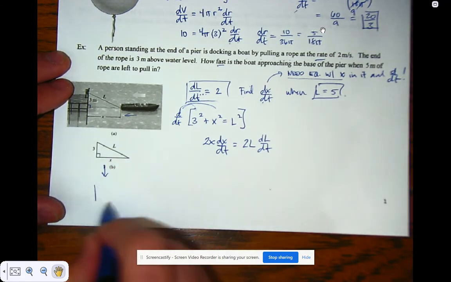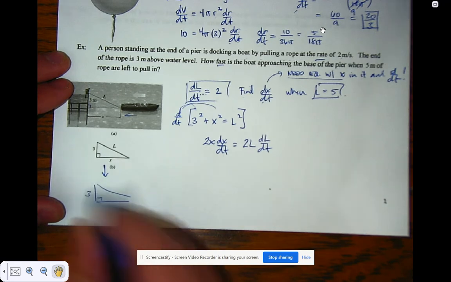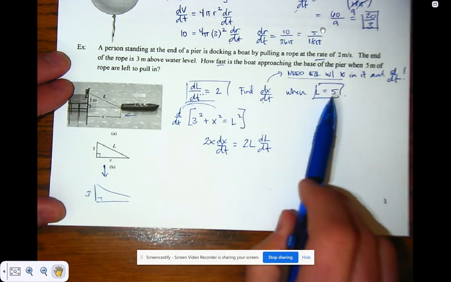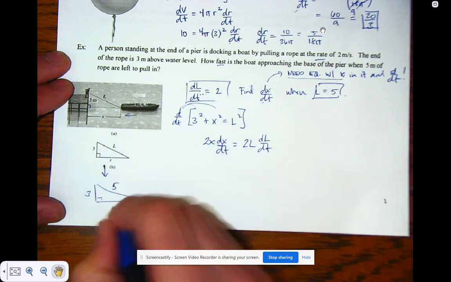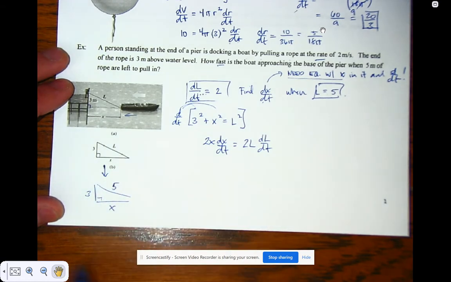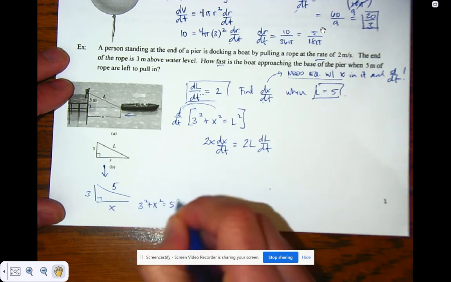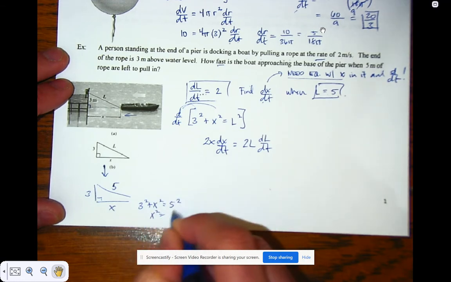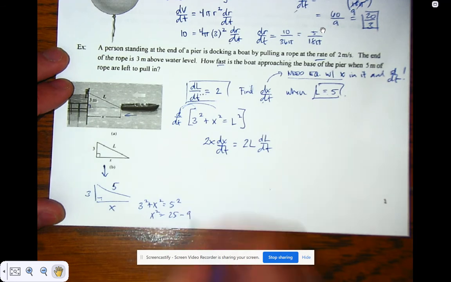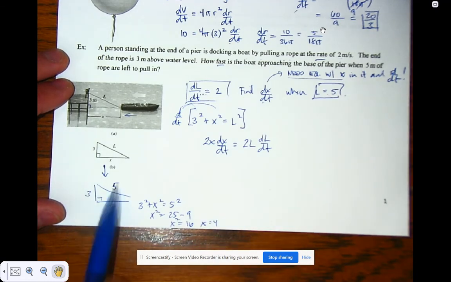If you have a triangle, and that's 3, and they tell you that L is 5, and you need to find x, this is just geometry. You know that 3 squared plus x squared equals 5 squared, and so x squared is going to be 25 minus 9, which would clearly give me x squared is equal to 16, or x is 4. And hopefully you guys know the Pythagorean triple, 3, 4, 5.